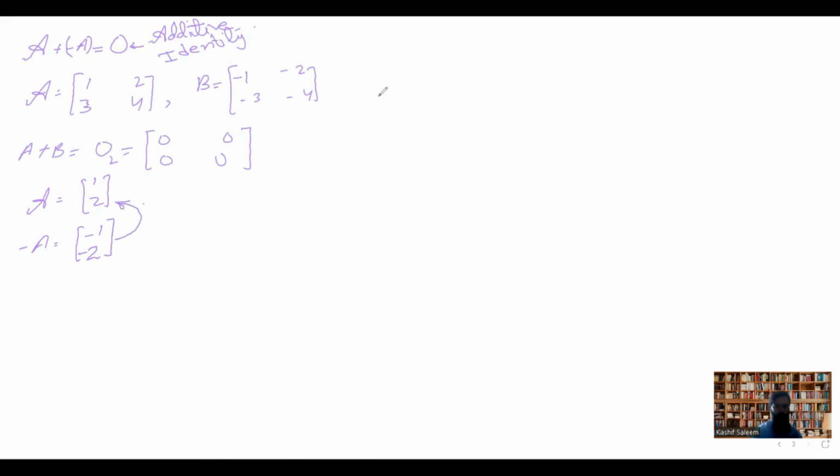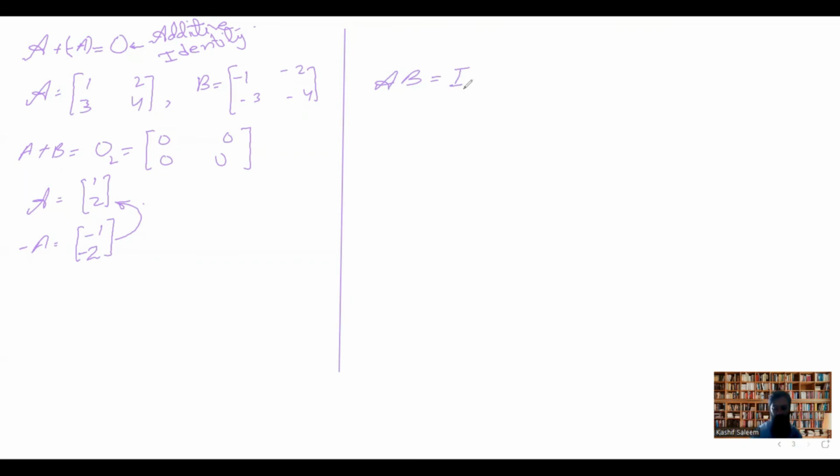So now we will define multiplicative inverse similarly. If you have a matrix A and you are multiplying it by a matrix B such that your answer is an identity matrix, then A and B are said to be multiplicative inverses, because we are multiplying.